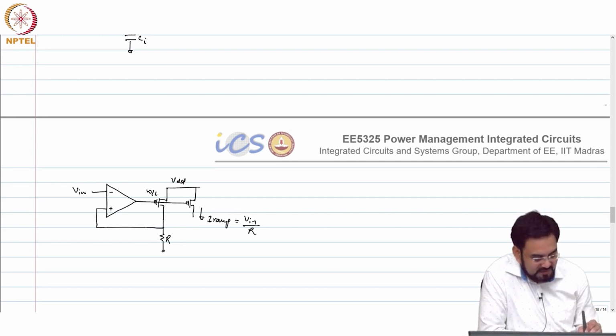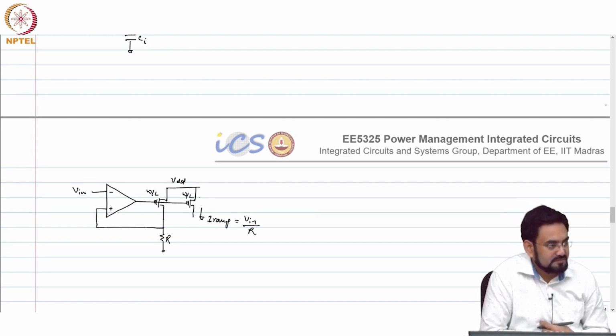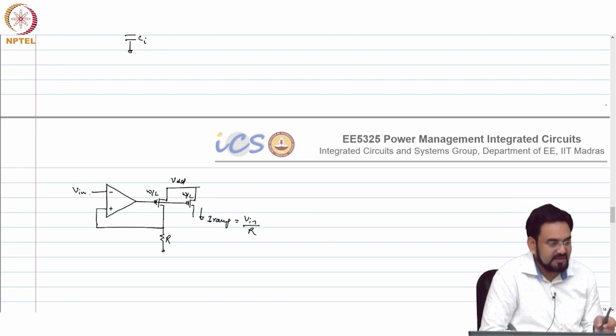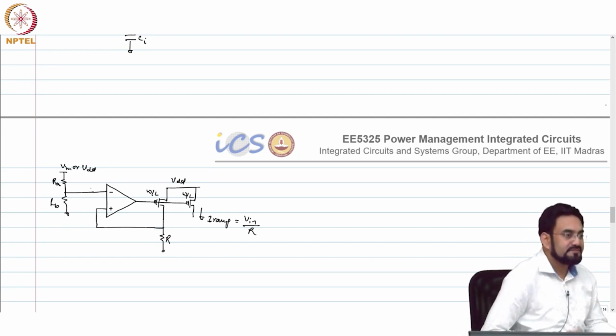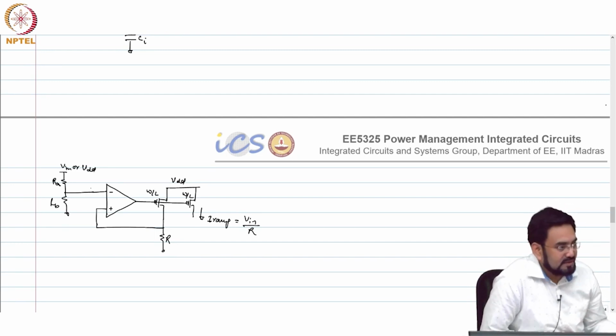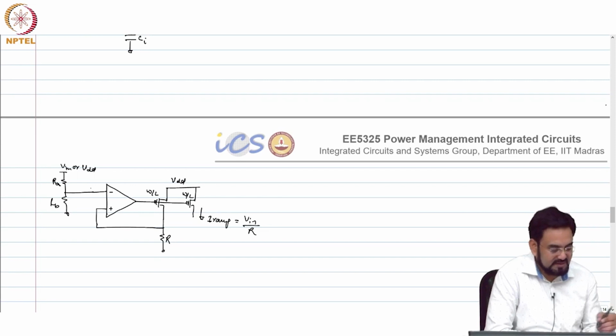If this is W by L, this is also W by L. If you want some scaling factor, you can do that also. You simply need RA, RB, V in or VDD, same thing. You can directly take VDD, or you can provide some scaling factor with this resistor divider and feed that.